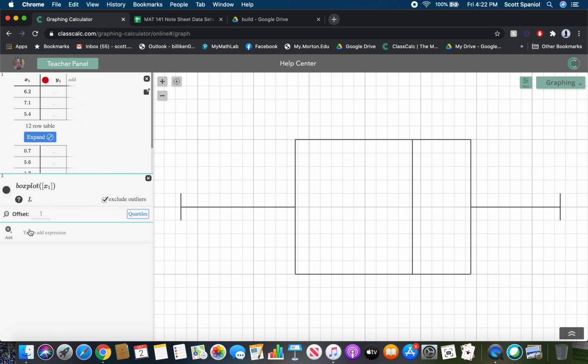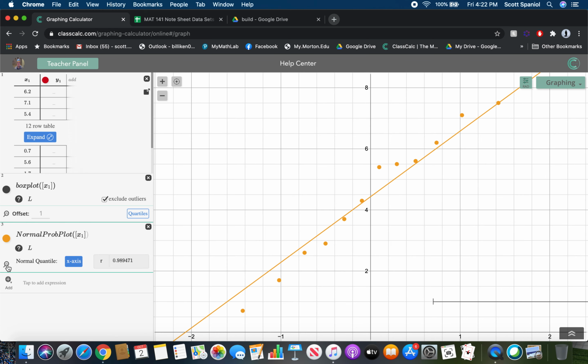No outliers for the box plot. The normal probability plot for X1 is, if we zoom in, very linear, and it has an R value of 0.989. Okay. So both these things check out.